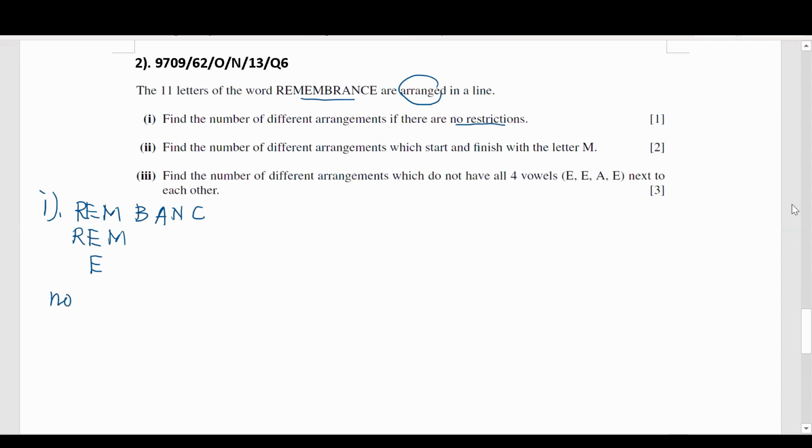Then we are looking for the number of different arrangements with no restrictions. Means there are 11 letters, means it has 11 factorial ways for them to be arranged.